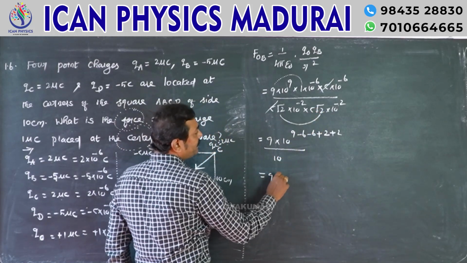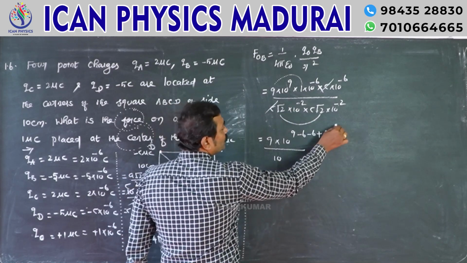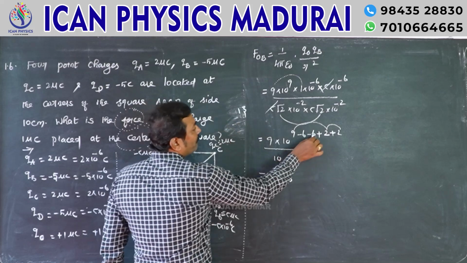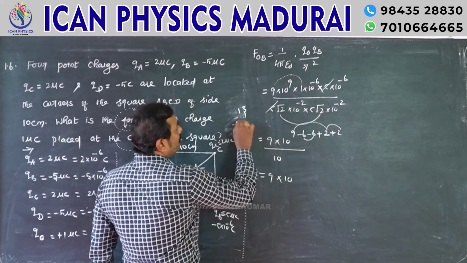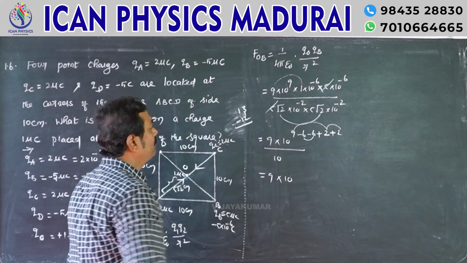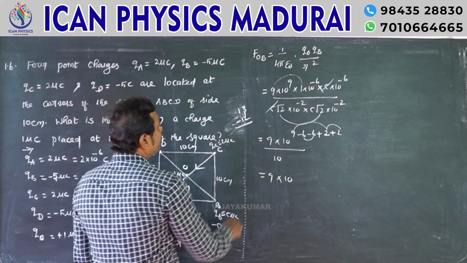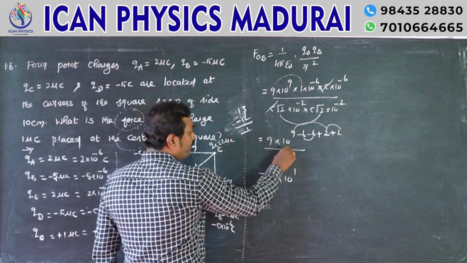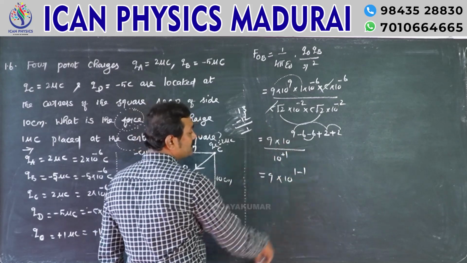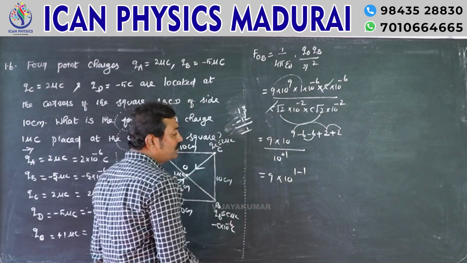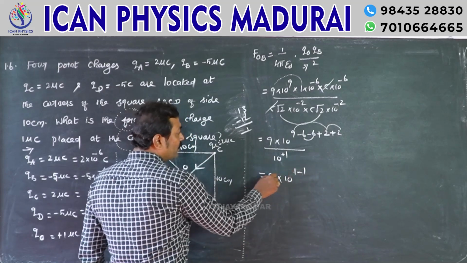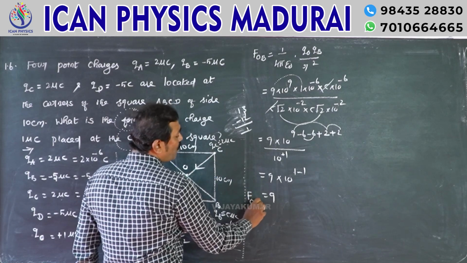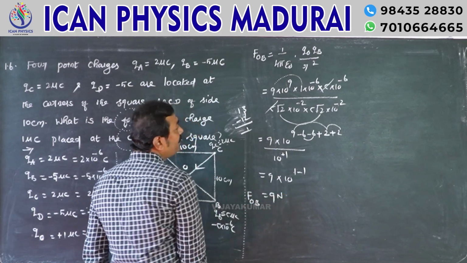That is 9 into 10 to the power, 2 plus 2 is 4, 4 plus 9 is 13, minus 6, minus 6, minus 12, so 10 to the power 1. The plus 1 goes to the numerator as minus 1, so 1 minus 1 is 0. Anything to the power 0 is 1, so 1 into 9 is 9. So the force between O and B is 9 Newton.